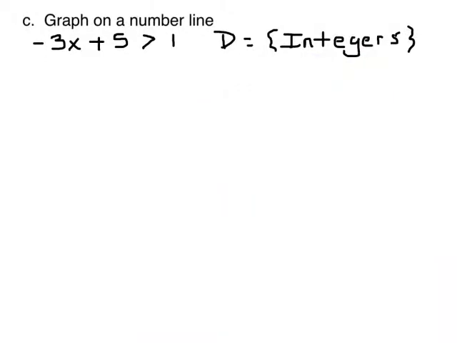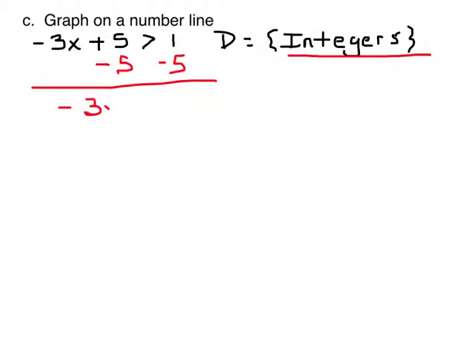Okay, C says graph on a number line, -3x plus 5 is greater than 1. Our domain, again, is integers. I'm going to wait and draw my number line in a minute. So let's subtract 5 from both sides, and I have -3x is greater than -4.